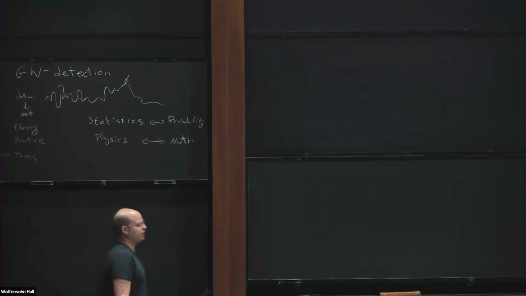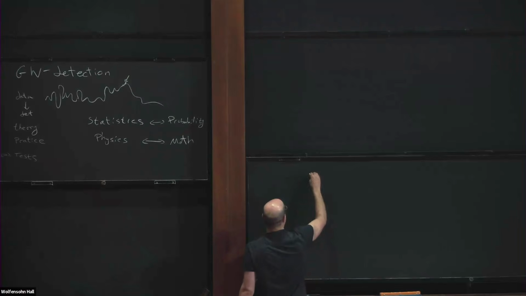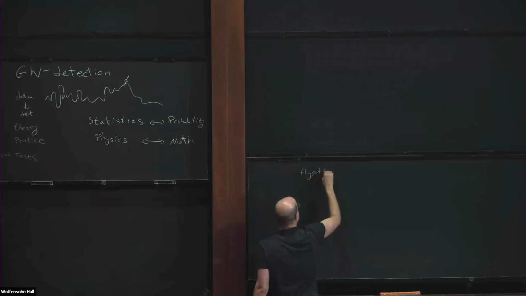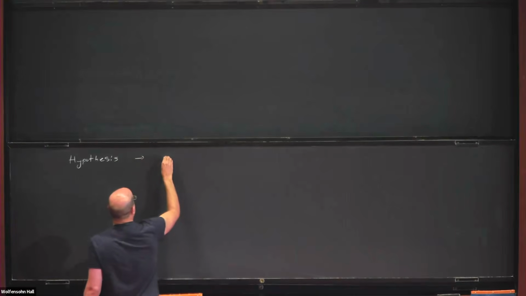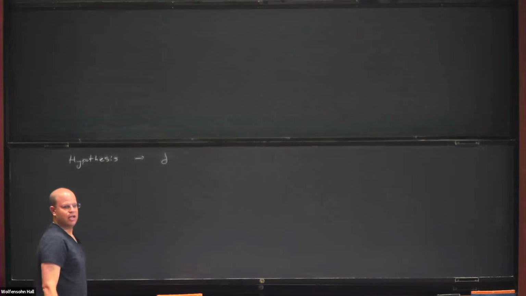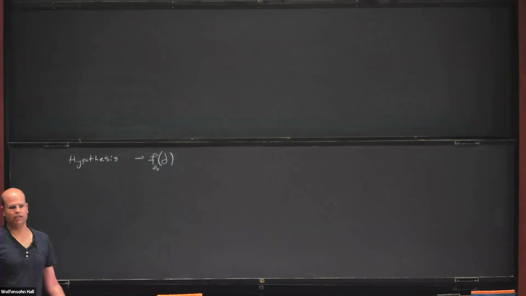So without further ado, let's talk about a statistical test. First of all, before a test, a hypothesis. Hypothesis is a complicated name, but it has only one feature. You see data, and this hypothesis is some function of the data that is supposed to be the probability density of seeing this data.